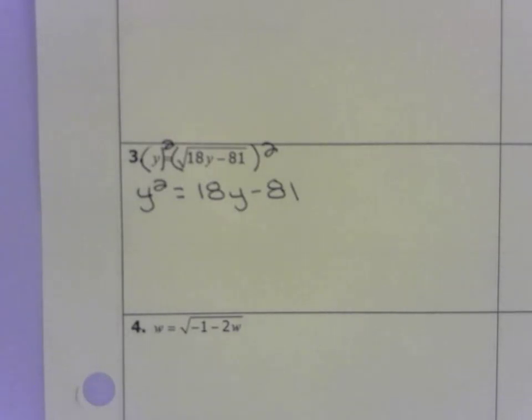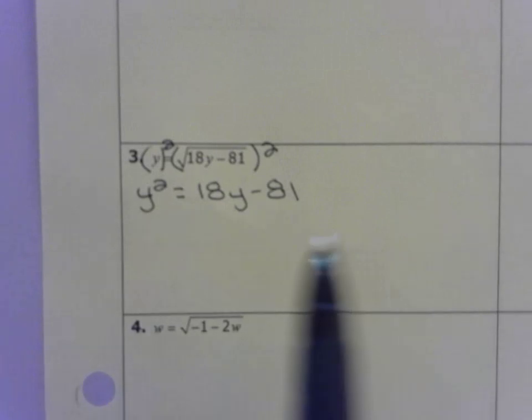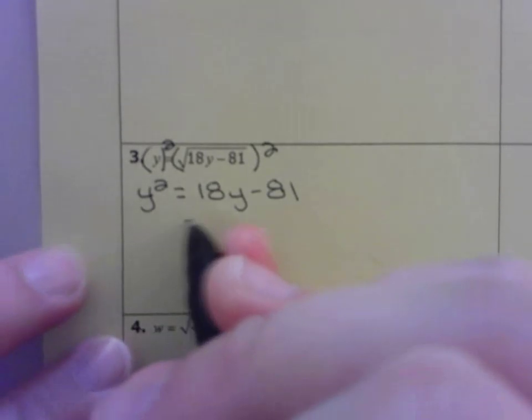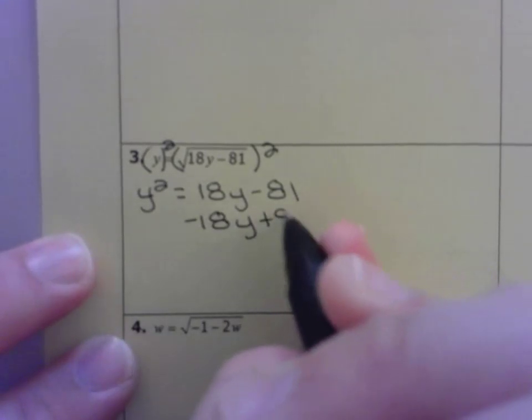As I try to solve this, we notice this is a quadratic equation because you notice a y squared. So now we're going to try to factor like we did on the warm-up. To factor this, I have to get it equal to 0. Do I move everything to the left or to the right? I want to move it to the left.